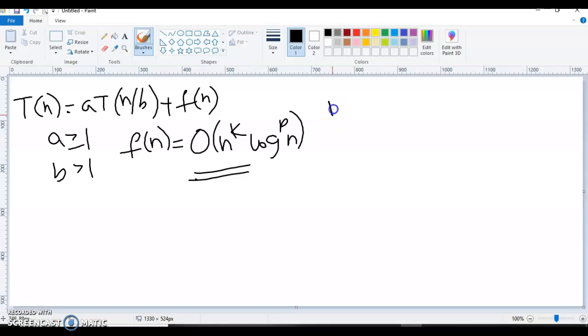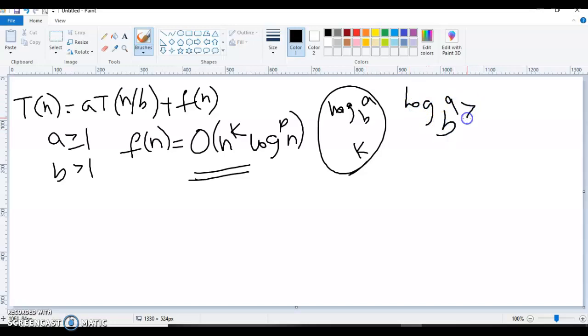So these three cases are divided depending on the relation between log a to the base b and k. So depending on the relation between these two, we have got three cases, and each case has a different general solution. So the first case is log a base b greater than k.